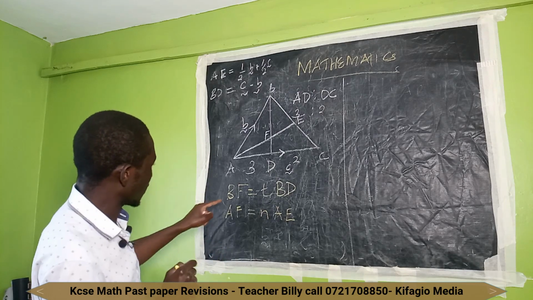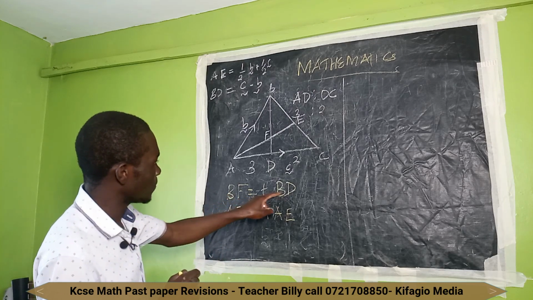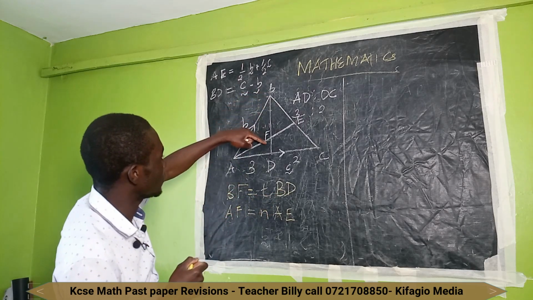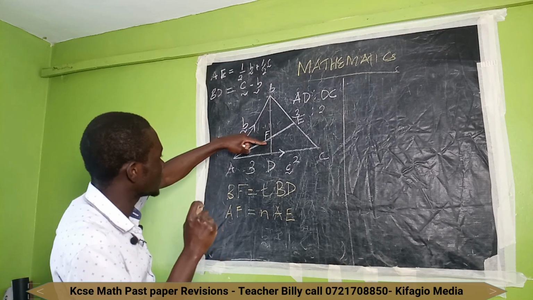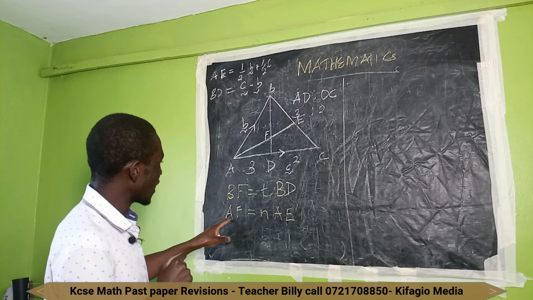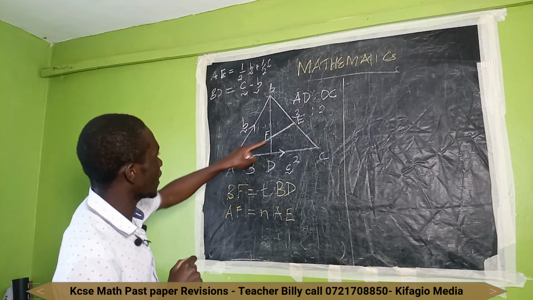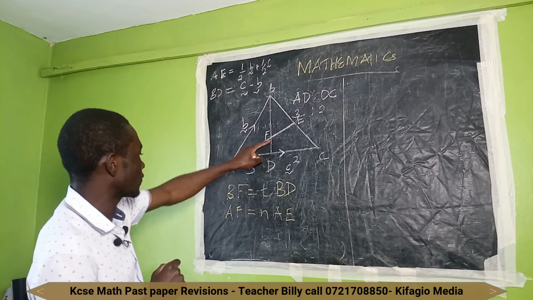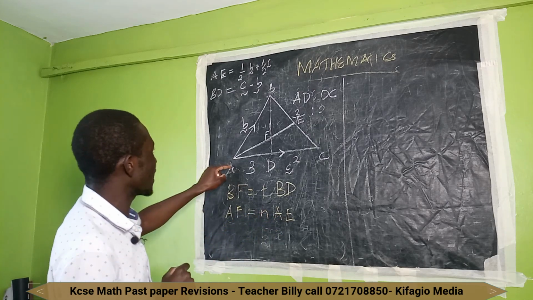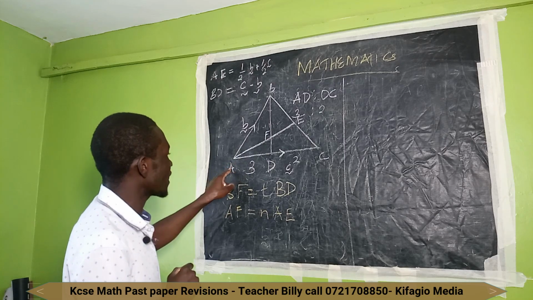So remember, you are told that BF is equal to T BD. BF, where is our BF? BF is equal to a scalar multiple T of line BD. And then AF is equal to a scalar multiple N of the line AE, meaning that AF is on the line segment AE.